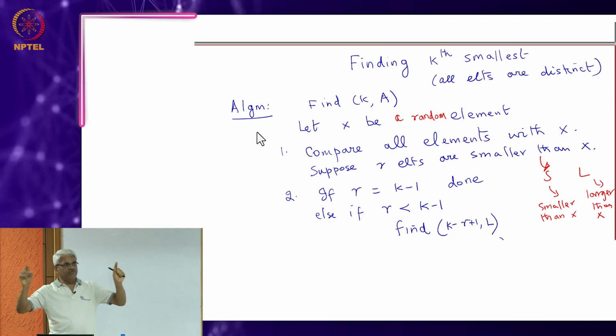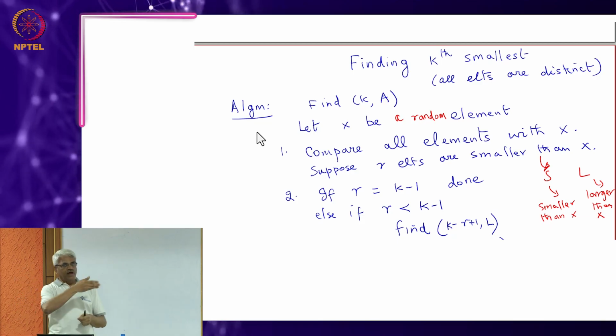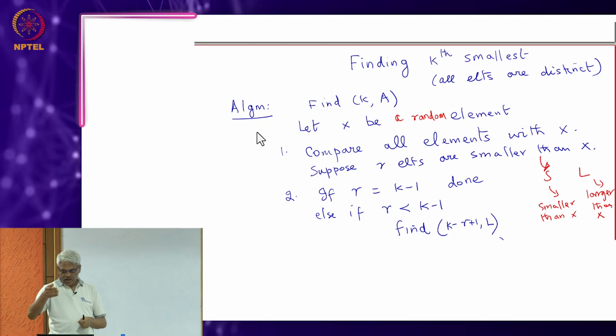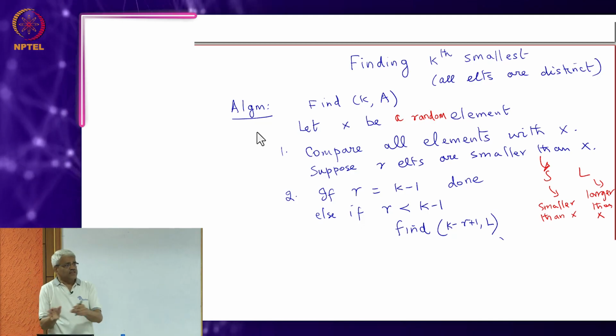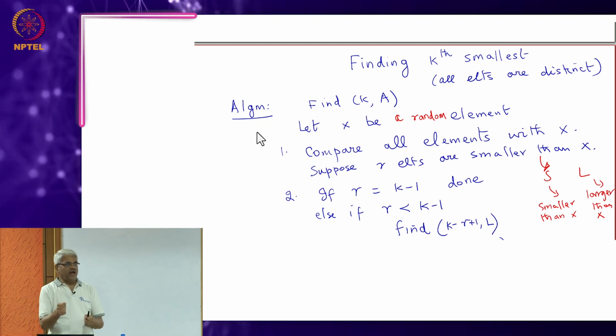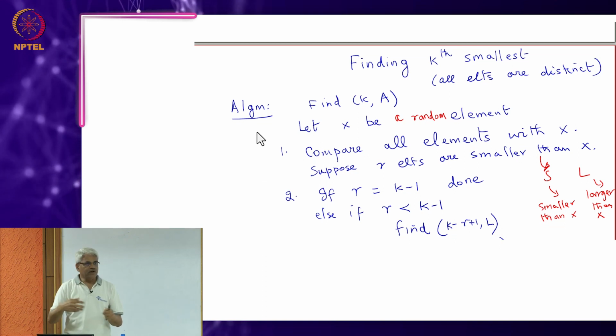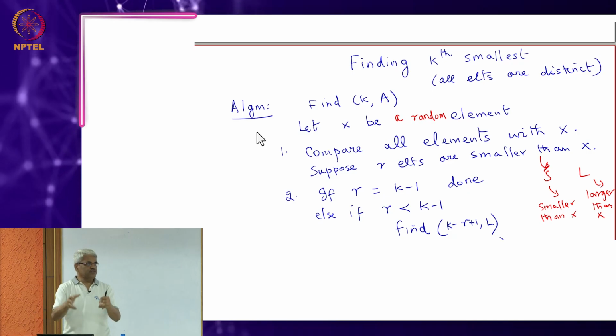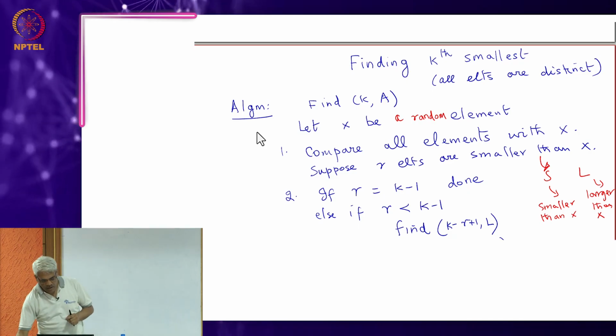I have this array of n elements where I have to find the median. It picks a random element, and then the rest of the algorithm is the same. I do a count, compare the rank. Depending on the rank, I go on the left or right or stop.